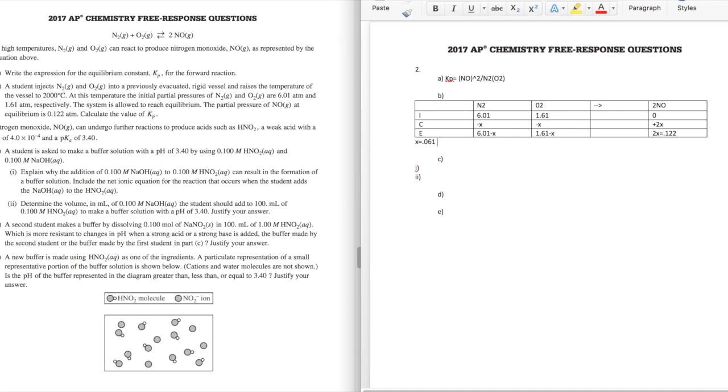Then we put that in the equilibrium expression. So Kp equals, since the product NO is 0.122, we just put 0.122 squared, and divide that by the reactant values. We use these always.